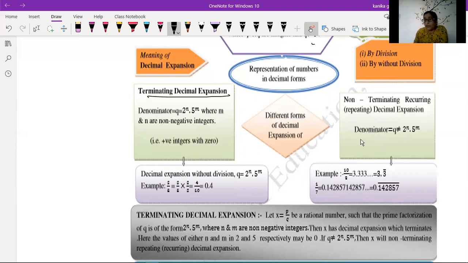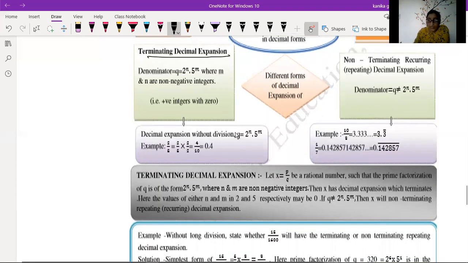Non-terminating are those where the denominator is not of the form 2 raised to power n, 5 raised to power m. Now decimal expansion without division: if we have the number q of the form 2 raised to power n and 5 raised to power m, that is called terminating.